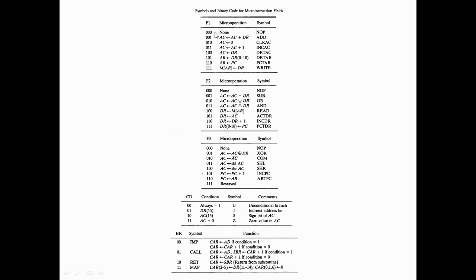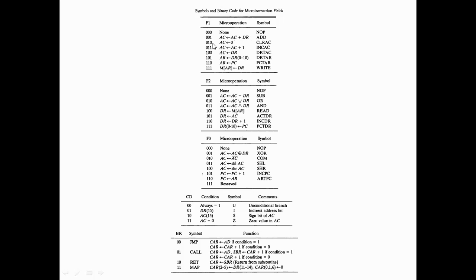You can see the corresponding micro operation as well as the symbol here. So if F1 is 000, it will mean no operation. And if F1 is 001, it will mean add, fine. So the contents of AC will be added to DR and the result stored in AC.